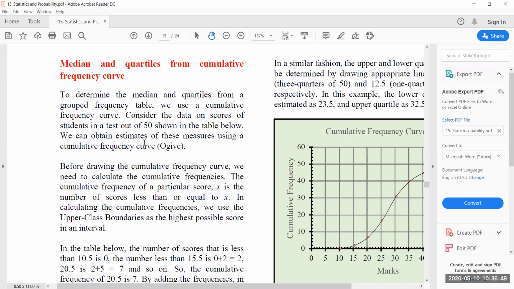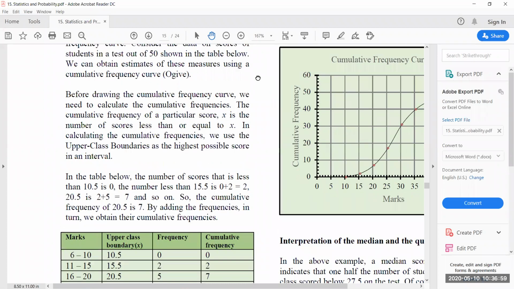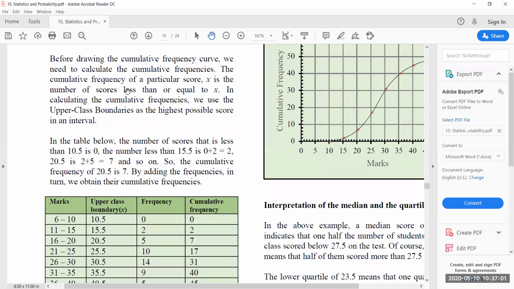We can obtain estimates of these measures using a cumulative frequency curve, also called the ogive, however you want to pronounce it. Before drawing the curve, we need to calculate the cumulative frequencies. The cumulative frequency of a particular score X is the number of scores less than or equal to X.